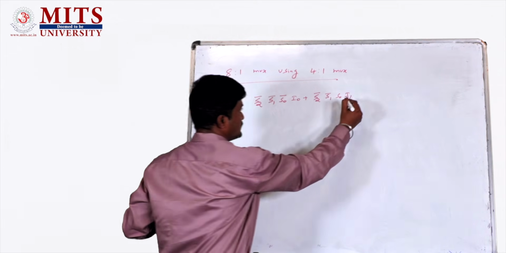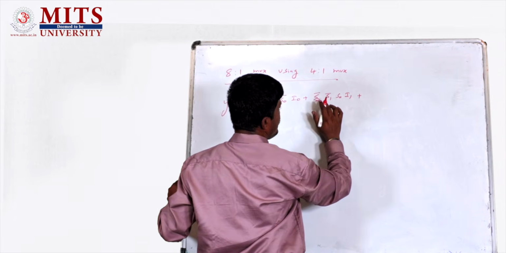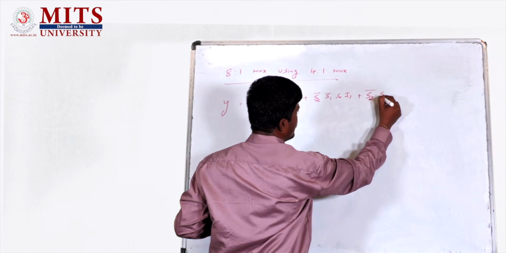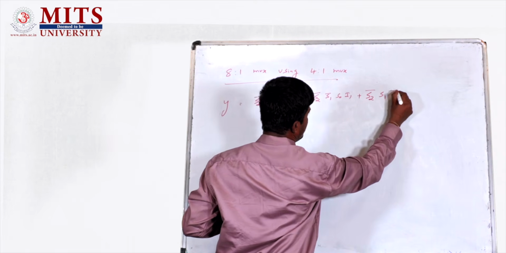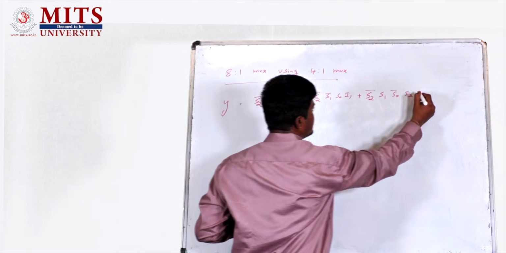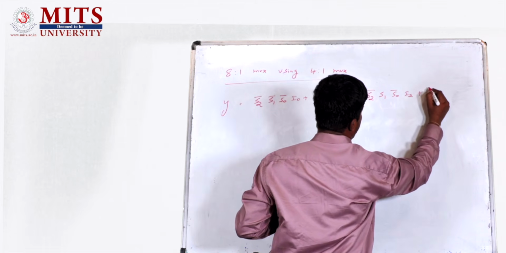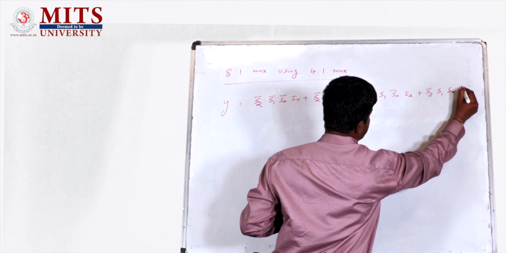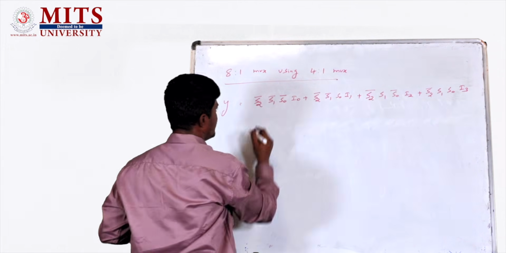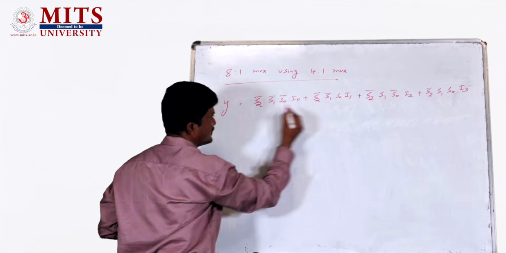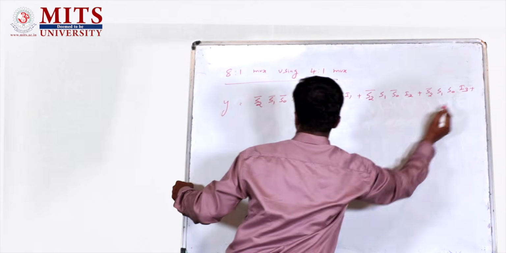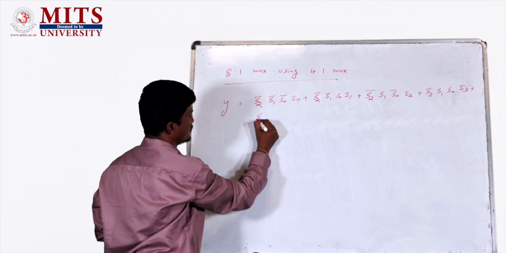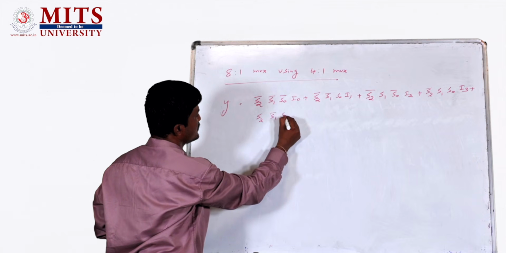Then the third one is 0, 1, 0. Then the fourth term is 0, 1, 1, S2 bar, S1, S0, I3. Then the fifth term is plus 1, 0, 0, I4.